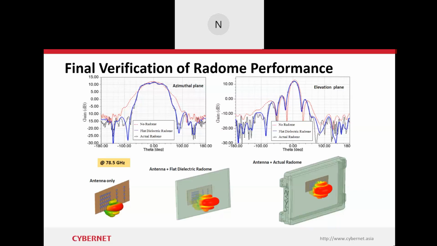Like for the antenna, we will introduce the FEM solver, and for the antenna and radome, we will use the hybrid regions, and for the antenna and the actual radome, we will introduce the shooting and bouncing rays solution. These different solvers will reduce the simulation times.